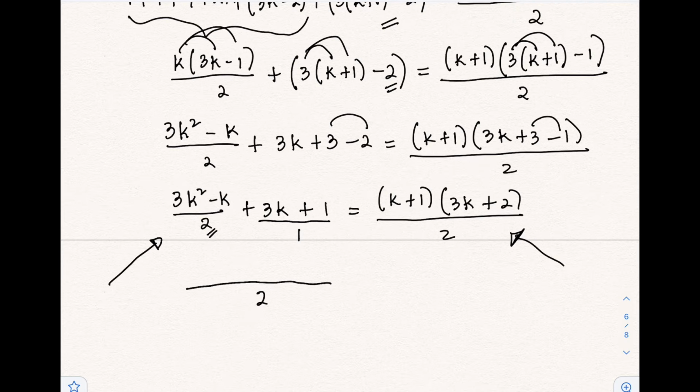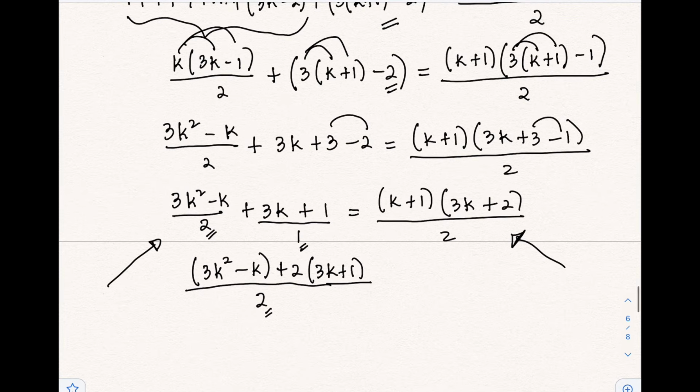Then, multiply natin din sa numerator, we have 3k square minus k. Then, plus 2 divided by 1, so that is 2. Then, multiply natin ngayon doon sa ating numerator which is 3k plus 1. So, equals, we have k plus 1 times 3k plus 2 all over 2.